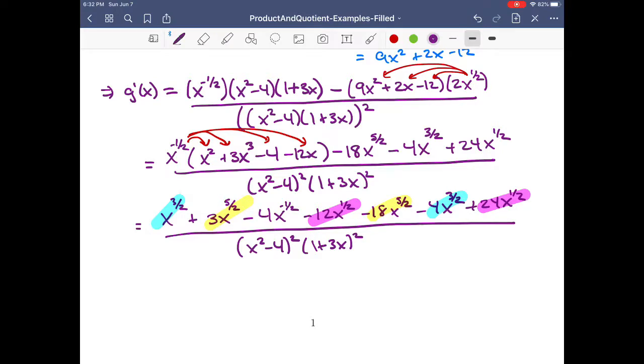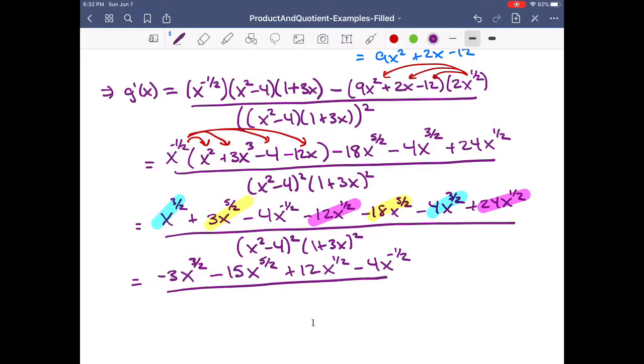So it's going to be negative 3x to the 3 over 2 minus 15x to the 5 over 2 plus 12x to the 1 over 2 minus 4x to the negative 1 over 2, all over x squared minus 4 all squared, 1 plus 3x all squared.